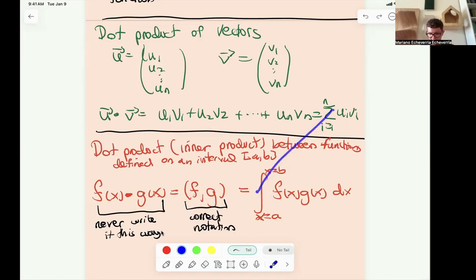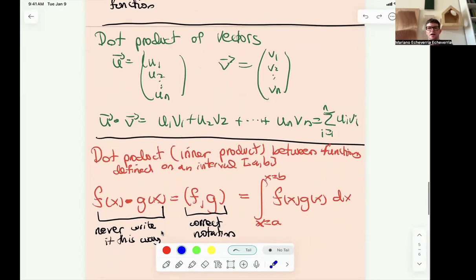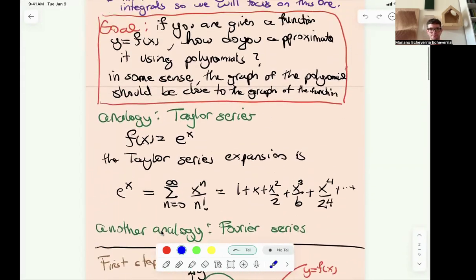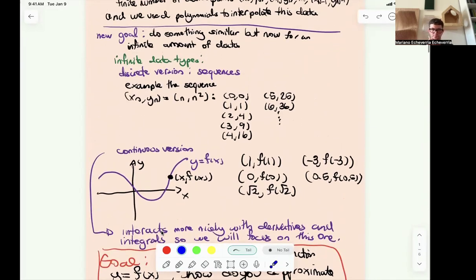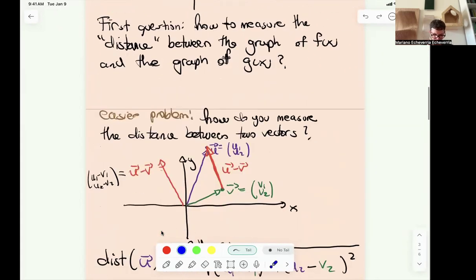So it makes sense that you would replace the sum with an integral, and the u_i v_i, which are the entries of the vector, are being replaced by the values of the function, because in a sense that's what the entries of the function consist of. If you go back to how I was presenting the function as some sort of list.